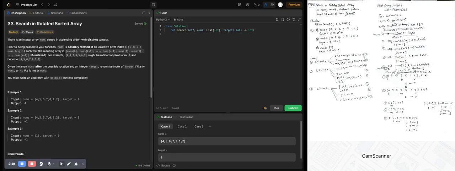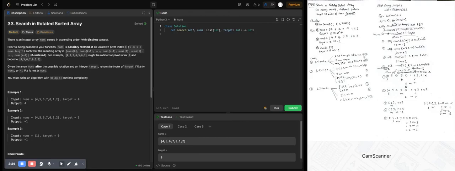Okay, so it's rotated in such a way that the numbers are shifted to the left k times. So here we see when we have 0, 1, 2, 4, 5, 6, 7, we shift it to the left 3 times, and 0 ends up at index 4.